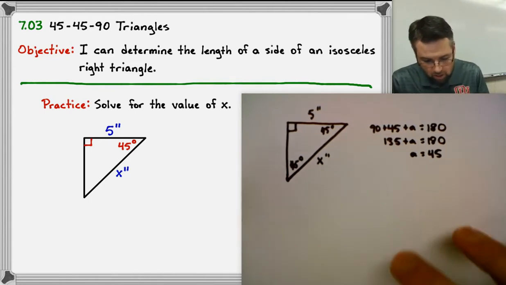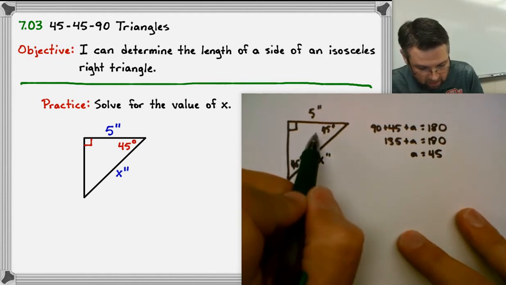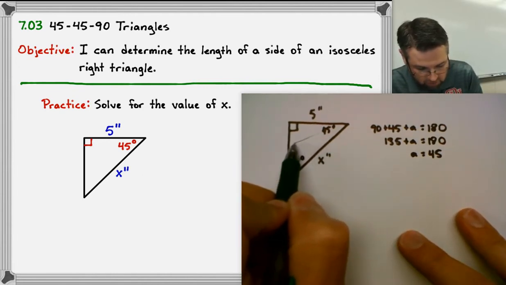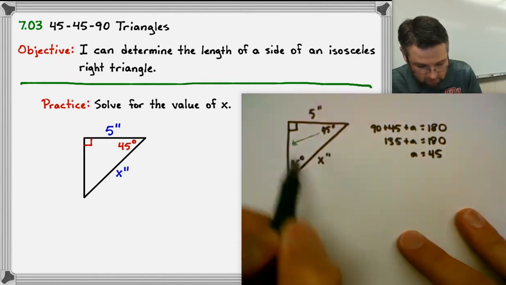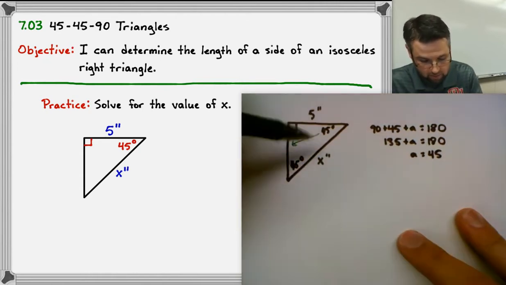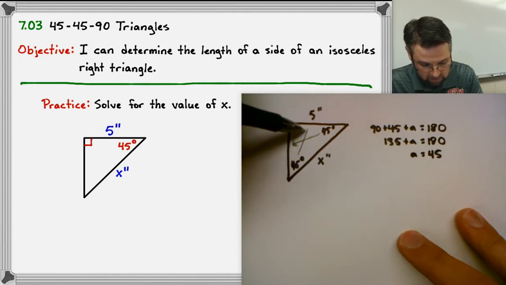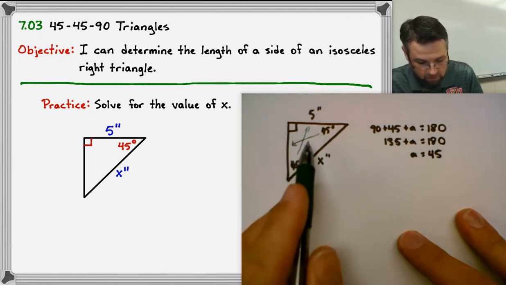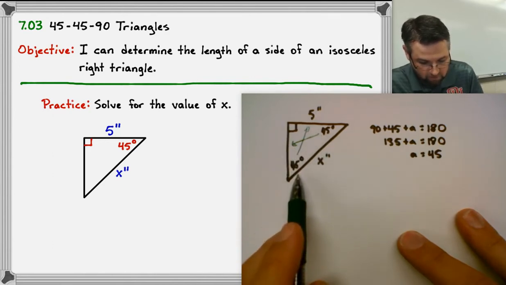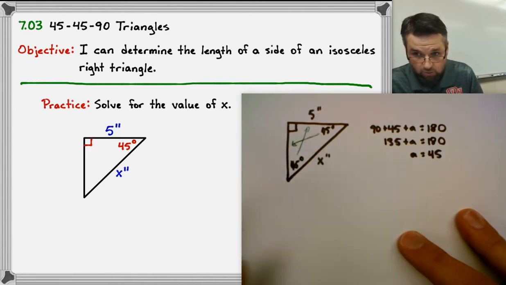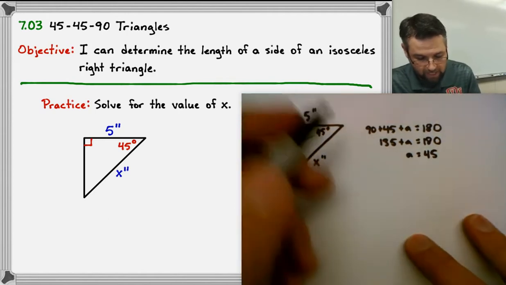And so that means that the sides that are opposite to those angles, so I'm putting an arrow crossing through the triangle from each 45-degree angle, are going to end up being congruent to each other. This is a right isosceles triangle.